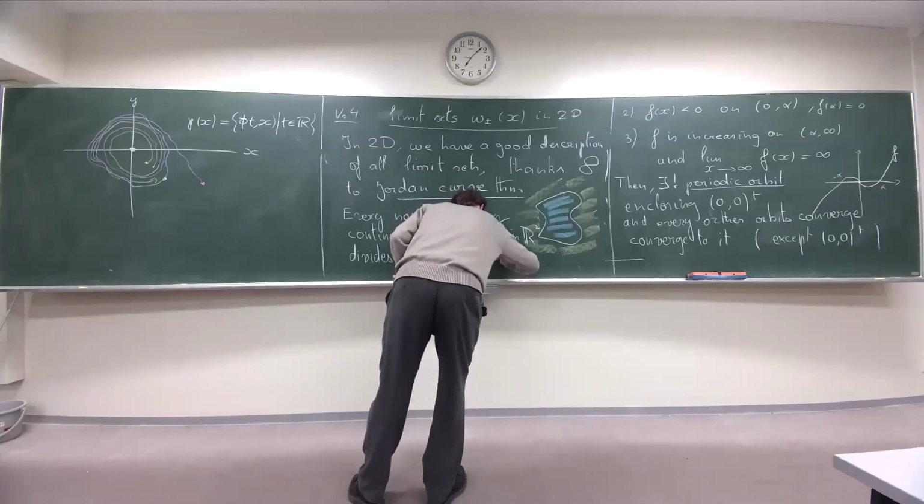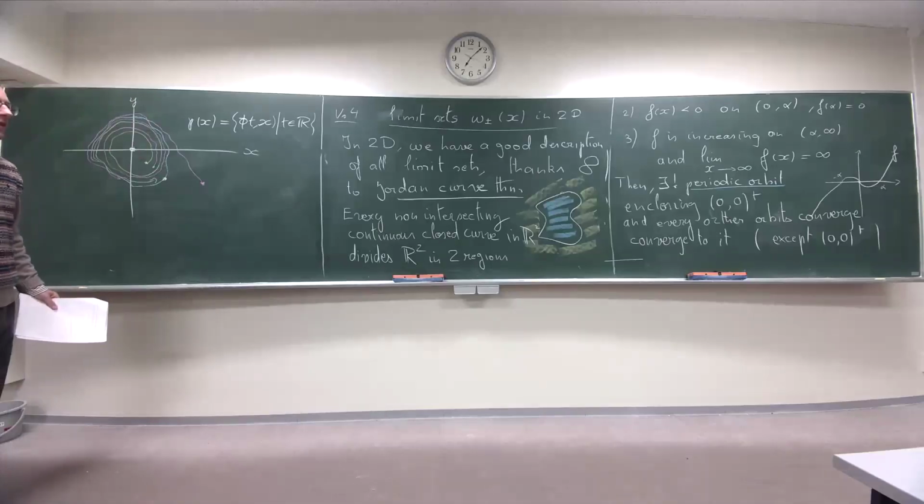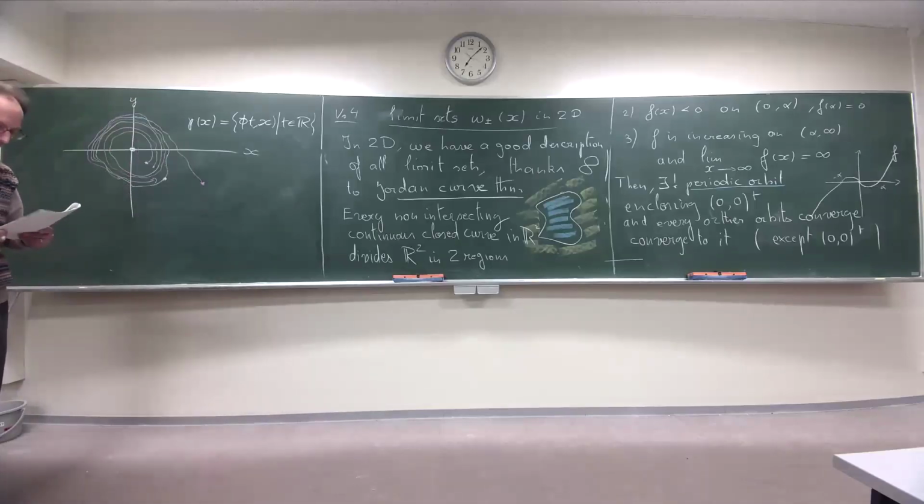One is big because it encloses everything up to infinity, and the other one is rather small.